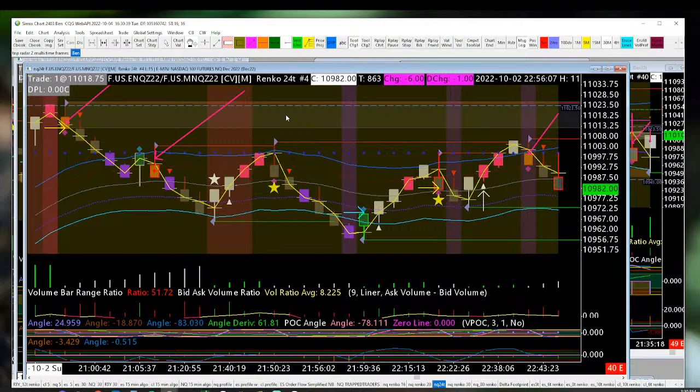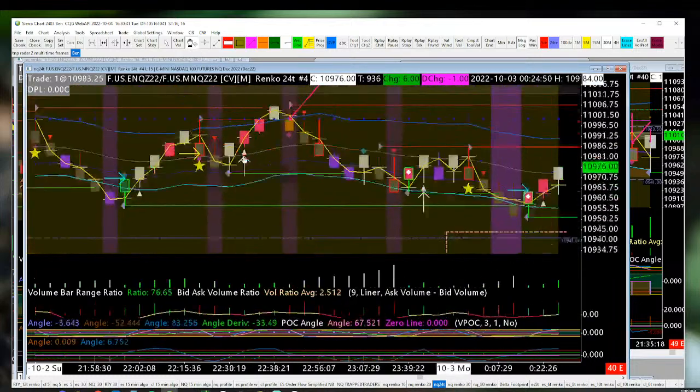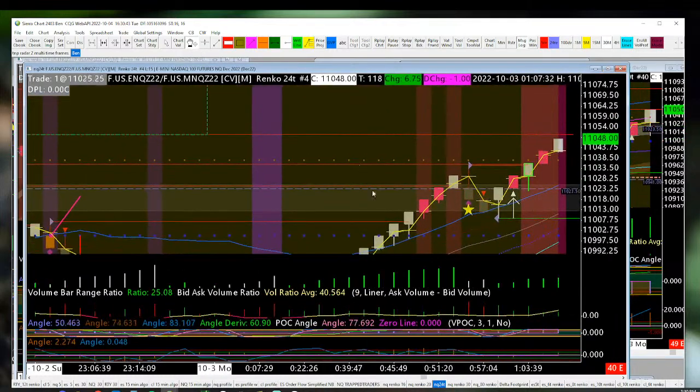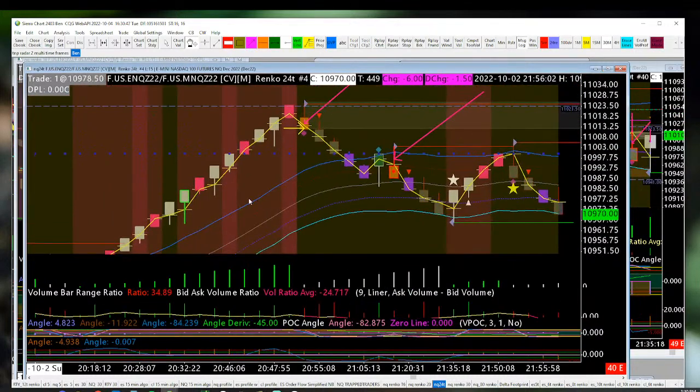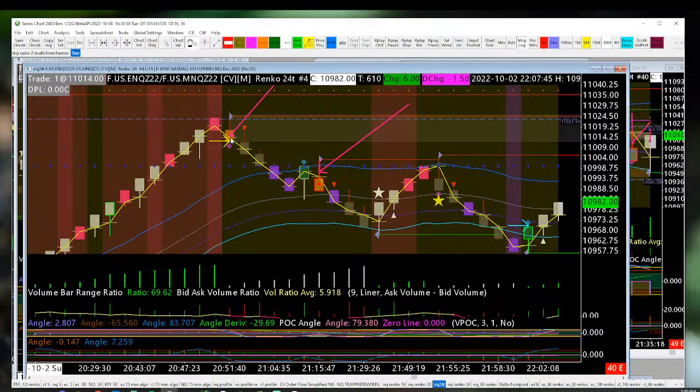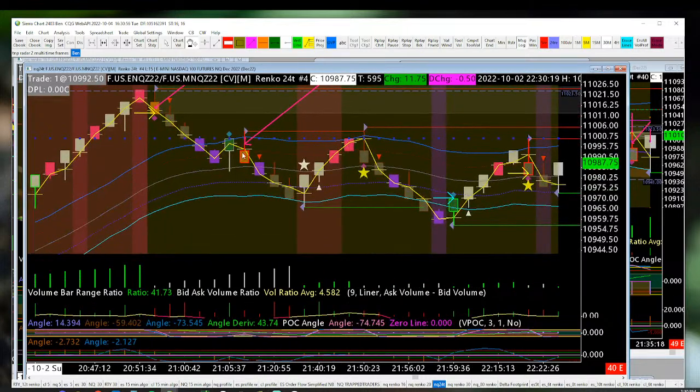Now this one didn't even get tested here, right? Until here. And then we just got this rotation. So that one, I would say, didn't work, but the entry did though, right? They got an immediate drop. And I want to know if this diamond is also relevant here. I'm not sure if the purple, or it has to be red, I'm not sure.